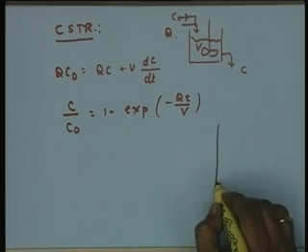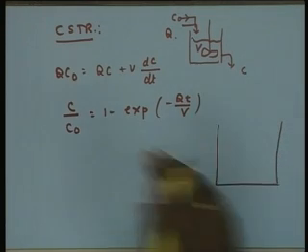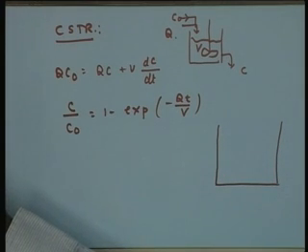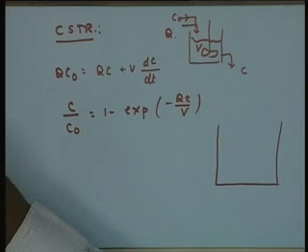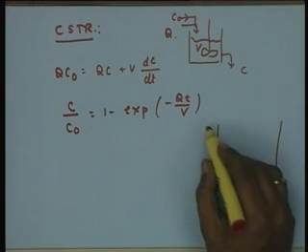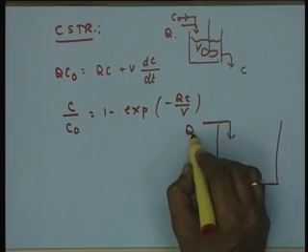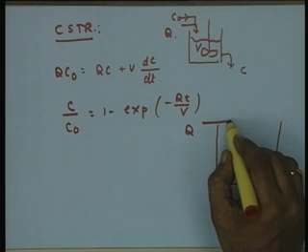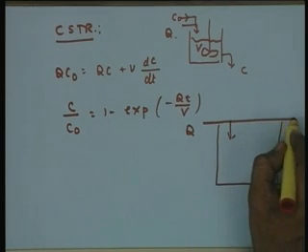Now, if you assume that there is some deviation from ideality, obviously in the case of a CSTR the deviations could be of two types. One is that there is some kind of non-mixing, where a fraction of the stream being fed, Q, goes unmixed.